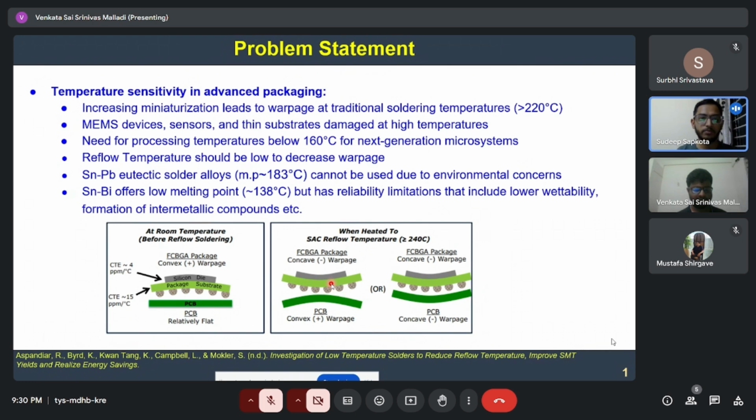The tin lead based eutectic solder alloy has a lower melting point of 183 degrees centigrade, but it cannot be used due to environmental concerns, as lead is carcinogenic. Tin bismuth offers a low temperature of 138 degrees centigrade, but has a reliability limitation due to its lower wettability and formation of intermetallic compounds. So, next slide, please.